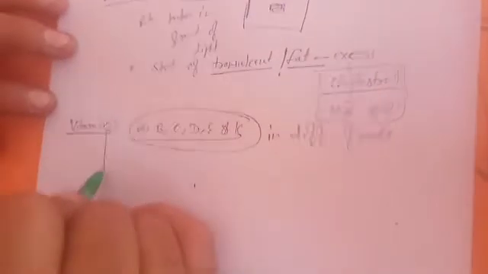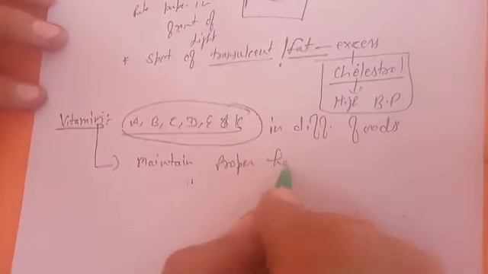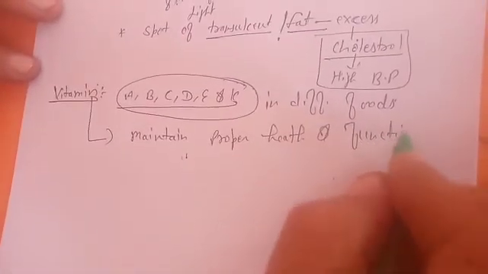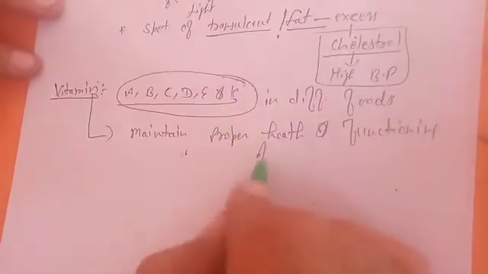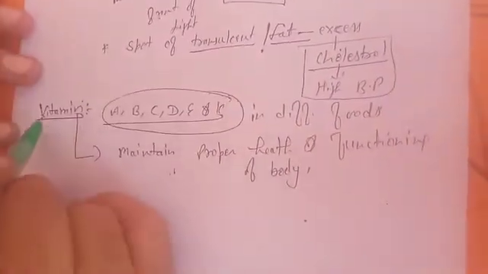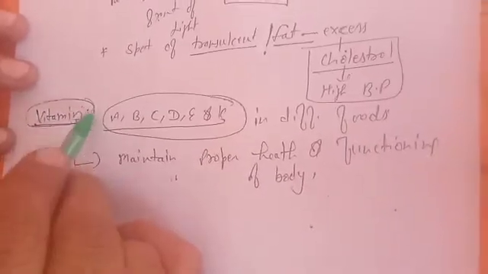First of all, let's talk about what they do. They maintain proper health and functioning of the body. If we do not take them, if they are not present in food, we get sick.